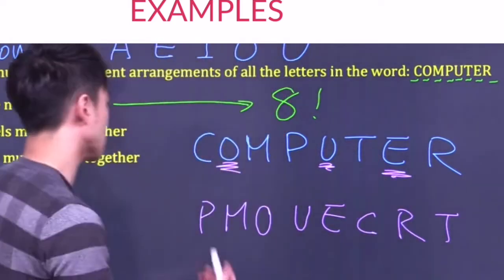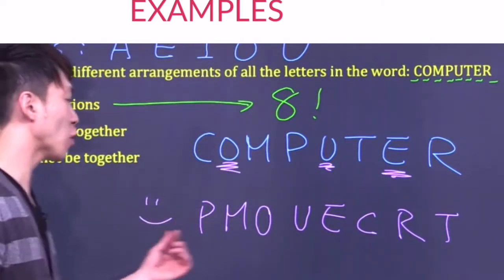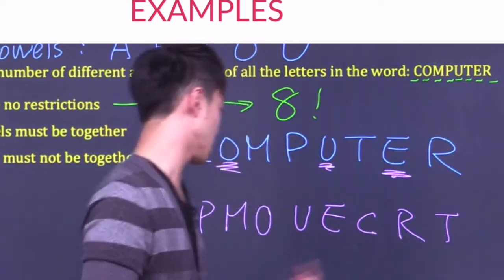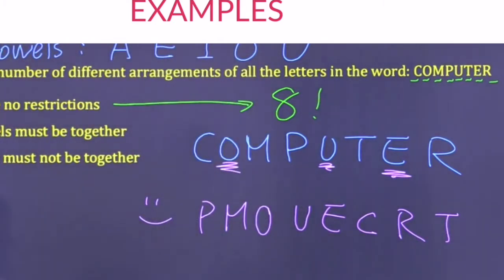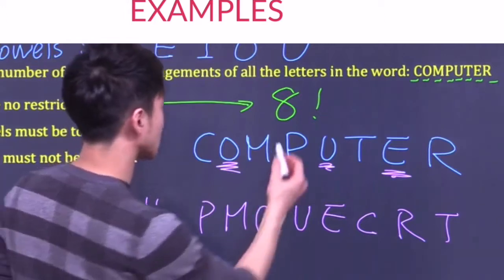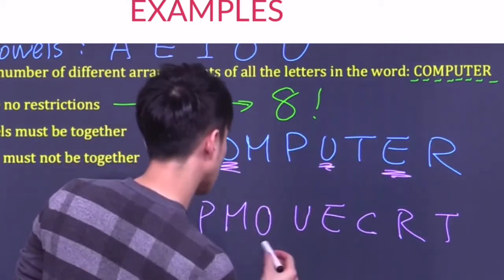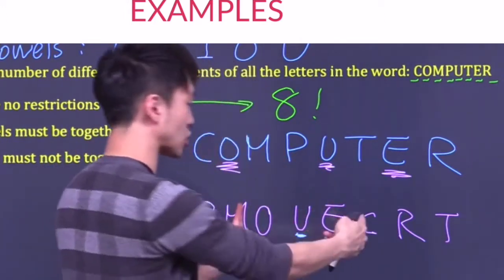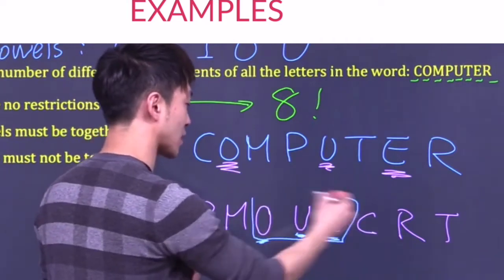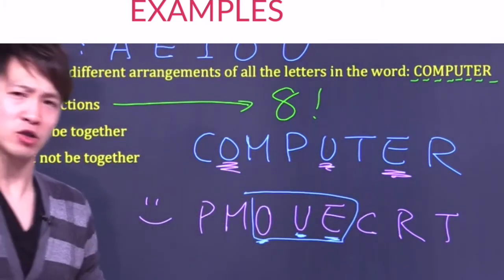So guys, an example of a successful arrangement would be this, where we have the vowels together. See, the O, U, E, right next to each other. They are together. Can you see that?